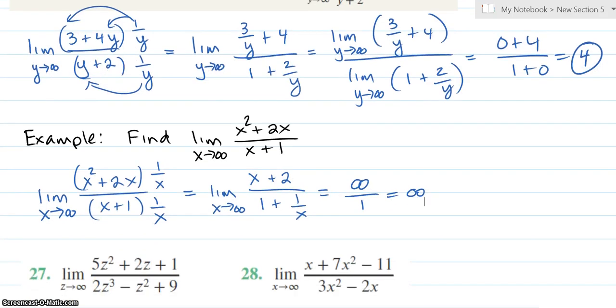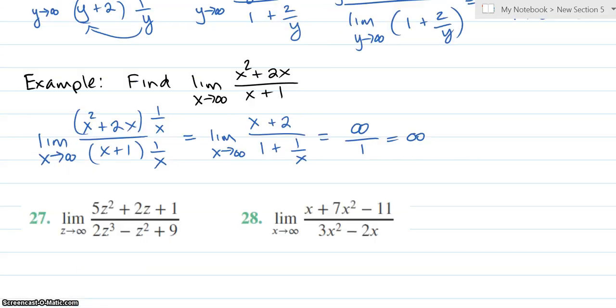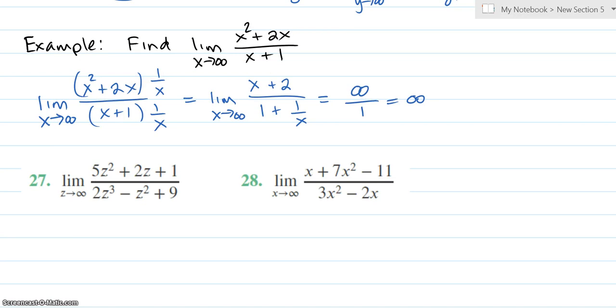If you have higher powers, it's still going to be the same thing. Well, let's look at this. Now, on this one, I don't want to do 1 over x because that's not going to give us anything, or 1 over z. I always like to do the highest power in the denominator. I personally don't like the denominator to end up being 0 there. So on number 27 here, I'm going to take this and multiply top and bottom by 1 over z cubed.